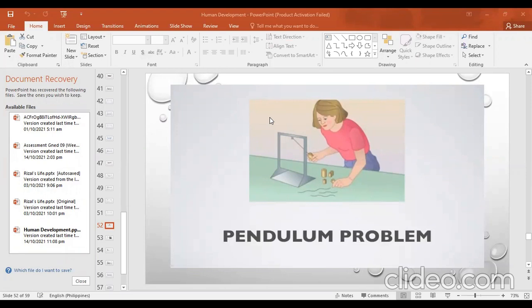So for this one, i-examine dito yung variables like yung length, yung weight, yung force of drop, yung height of drop, and etc. So mas mataas na level ng thinking yung kayang gawin na ng formal operational.